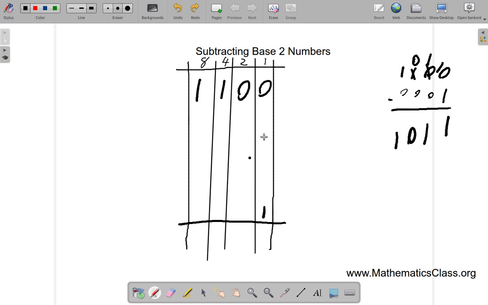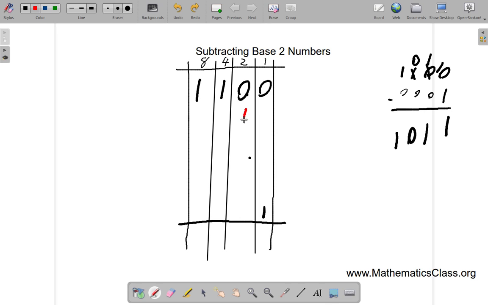Now we're saying 0 ones minus 1 one, you can't. We have 0 twos, so let's come here. This is the fours column. We have 1 four, and we can split the 1 four into 2 twos, because 2 plus 2 is 4.